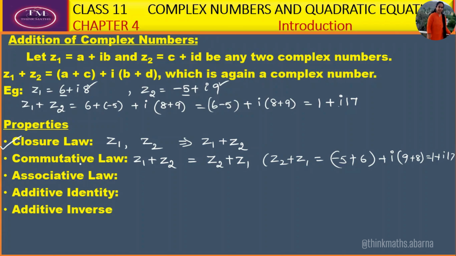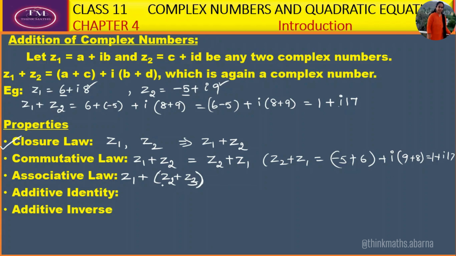Clear? Next one is associative. What is that? Z1 plus (Z2 plus Z3). So we are adding Z2 plus Z3 first. We should add the brackets first.